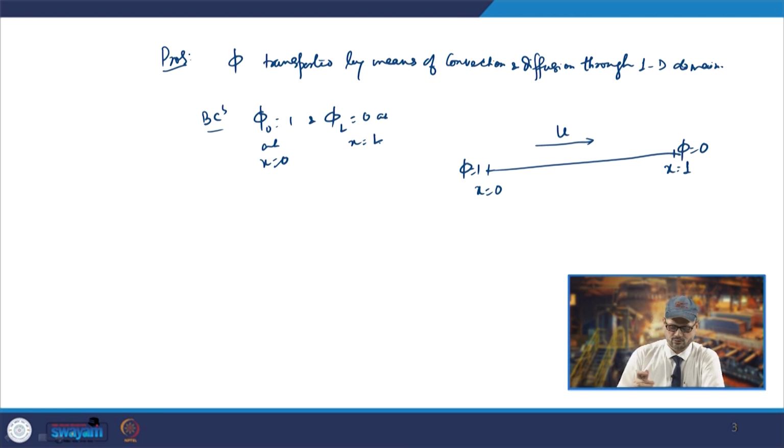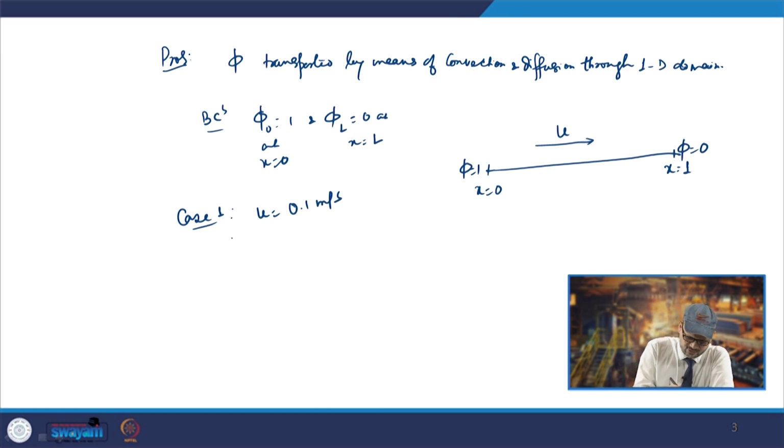We are going to calculate the distribution of phi as a function of x for two cases. In one case we are taking u as 0.1 meter per second, and in the other case u as 2.5 meter per second.